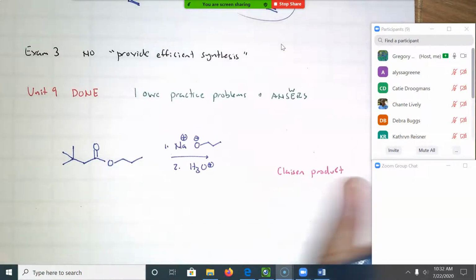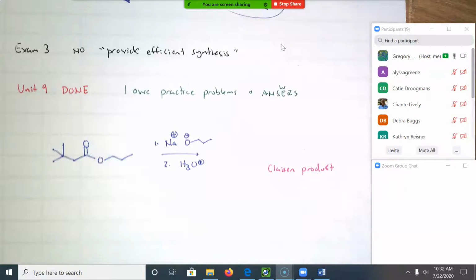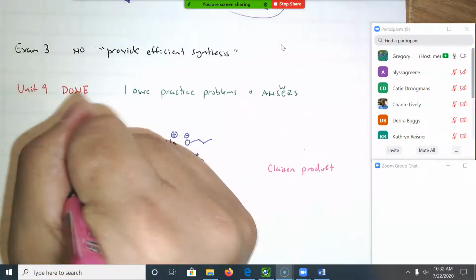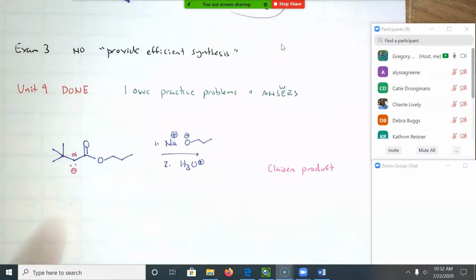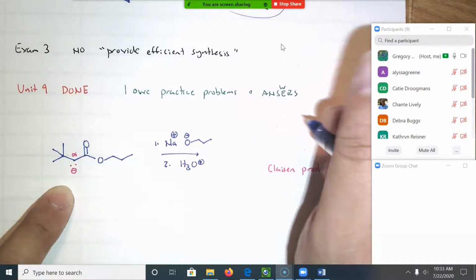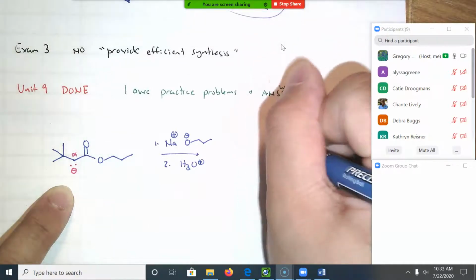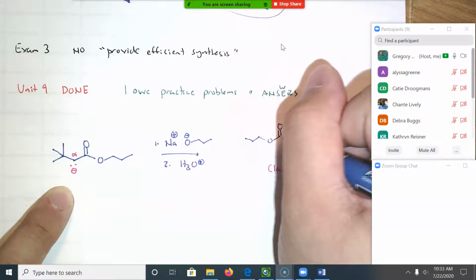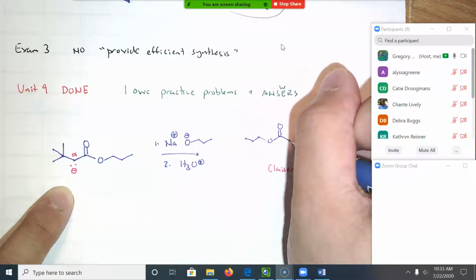All right, so this is your self check. Also, I'll verbalize what I'm thinking. On the enolate right here, I'm going to draw the attacker as is, but I'm going to flip it. 1, 2, 3. So my attacker is this.